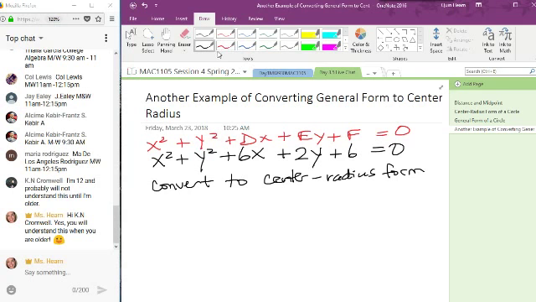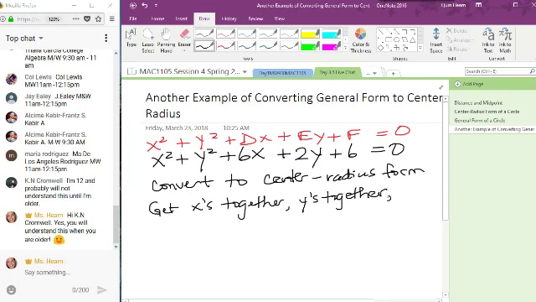Step 1, you're going to get your x's together, y's together, and move the constant to the other side. So we're going to move the constant to the right, the 6.